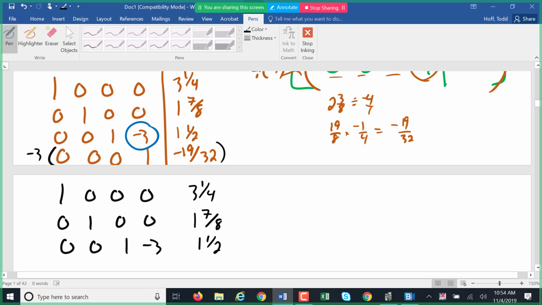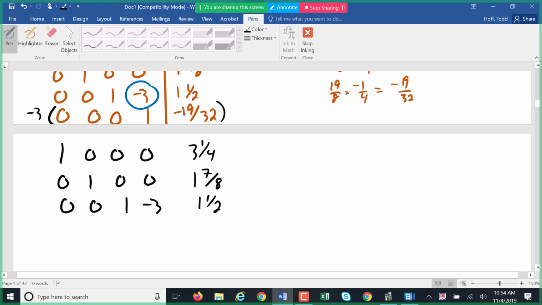That bottom row times negative, actually should be times -3, should be times a +3. Sorry about that. Times a +3. 0, 0, 0, 3. Negative 19 32nds times 3 is negative 57 32nds. So that's -1 and 25 32nds.